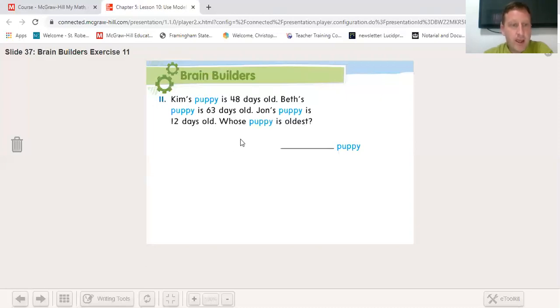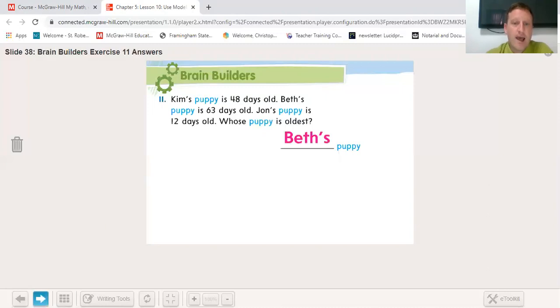So we have to look at the numbers, and whose puppy is oldest, that's going to be the biggest number, okay? So you can look carefully and see which one is the oldest, which one's the biggest number. But like I said, be careful. In your book, in question 11, this is just an example. It's not exactly the same. So please read it very carefully, okay?